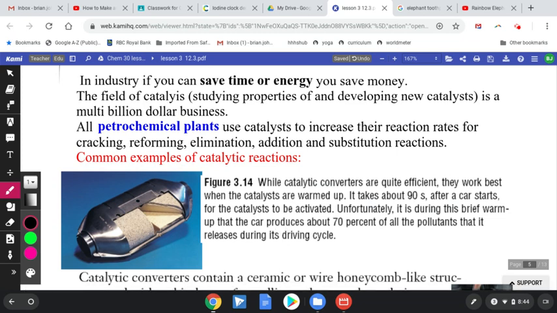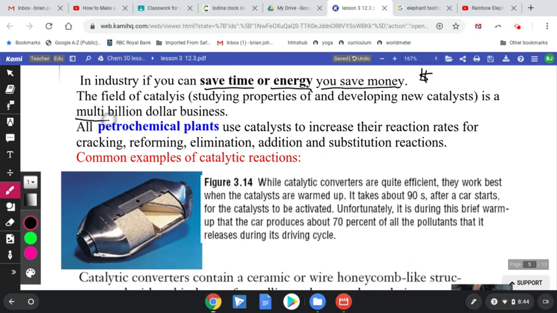All right, so we're back to your notes again, page 141, and it talks a little bit about catalysts in industry. So catalysts can speed up the rate of a reaction and save time. They can lower the energy of activation, save time or energy, and you save money, which is huge in industry because industry is all about generating profit.